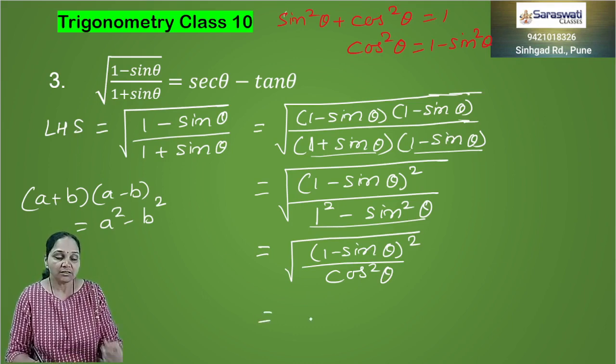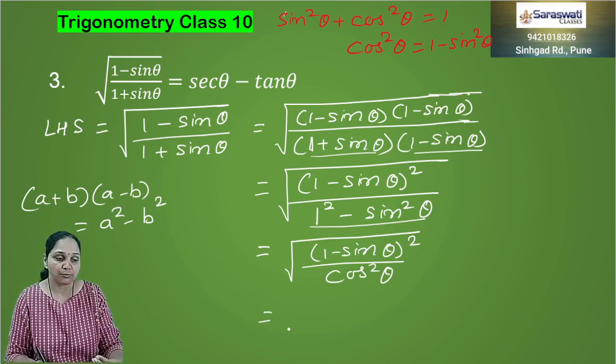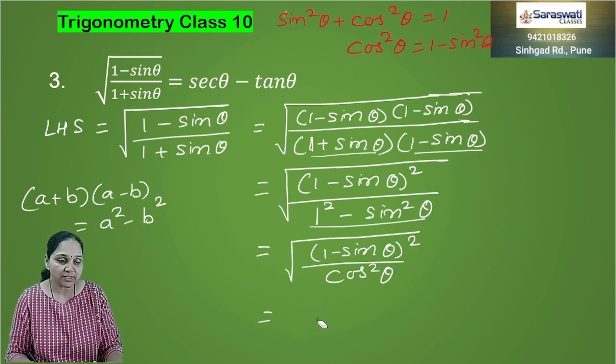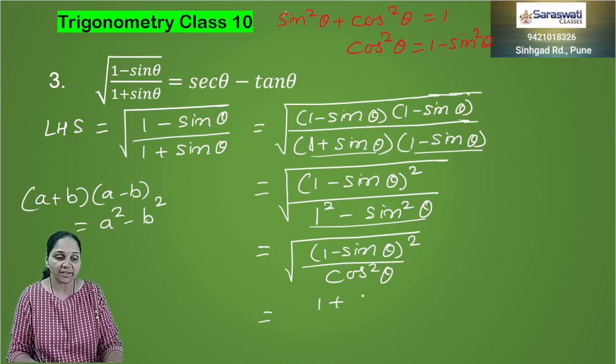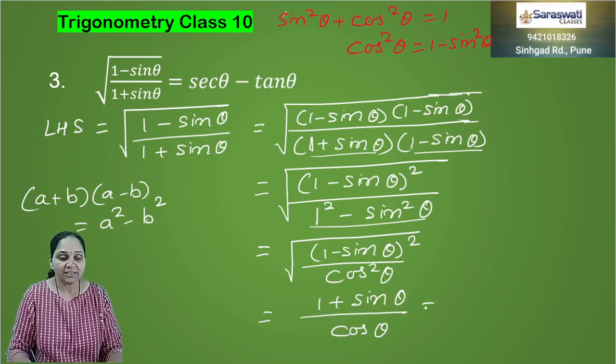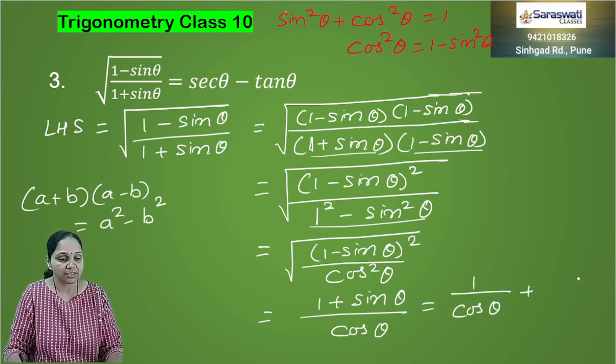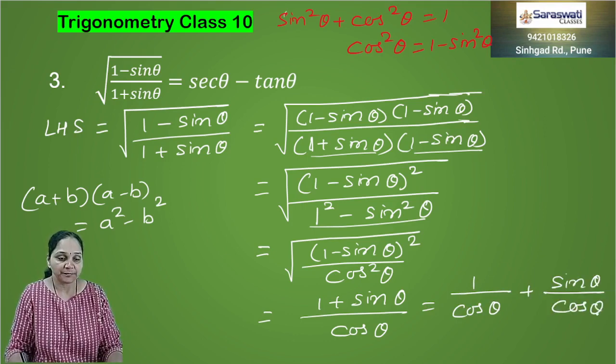Now see, in the root we have both squares, that is, numerator and denominator both are squares. So actually we can remove the root sign and write the square roots, that is 1 minus sin theta upon cos theta, and then separate the denominator. Separate it and write sin theta upon cos theta.